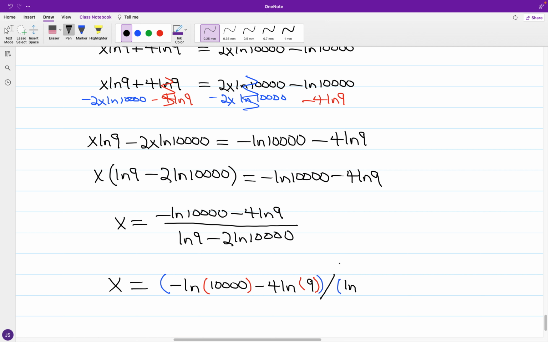So you have the natural logarithm of 9 and we have minus 2 times the natural logarithm of 10,000.